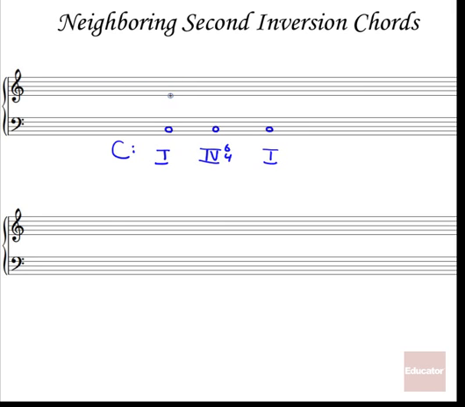And so what's happening here is the E moving up a step to an F, and the G moving up a step to an A, and keeping the C, and then moving right back down to where it was initially. So it's called a neighboring 6/4 because of this upper neighbor back down movement.